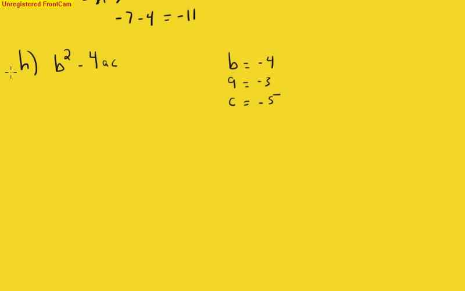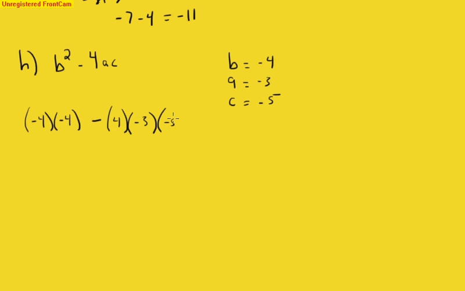Alright, last but not least. Here we've got to plug in the values before we do the math. It's going to become an order of operations problem once we get the values plugged in. So b squared, b is negative 4, so negative 4 times negative 4, minus 4. A is negative 3.